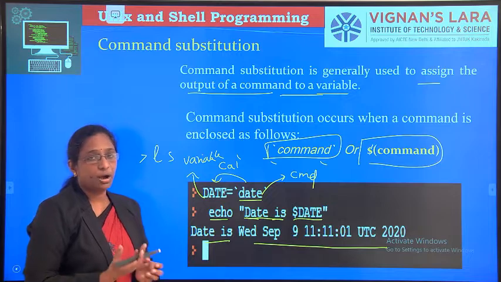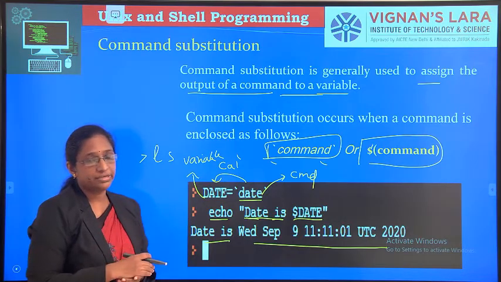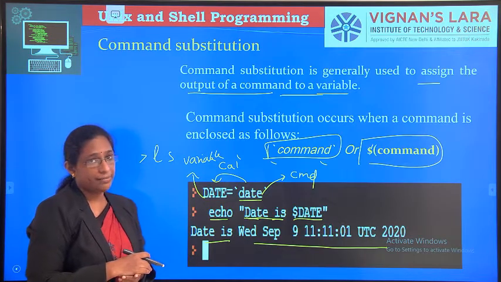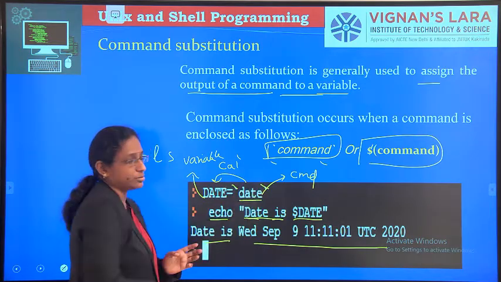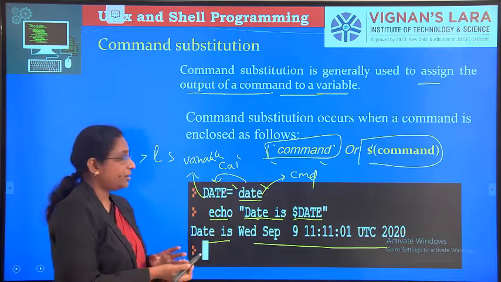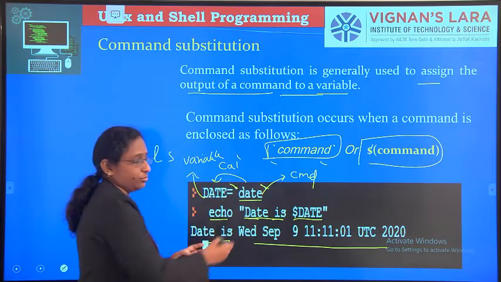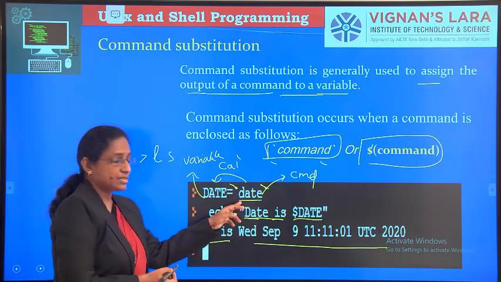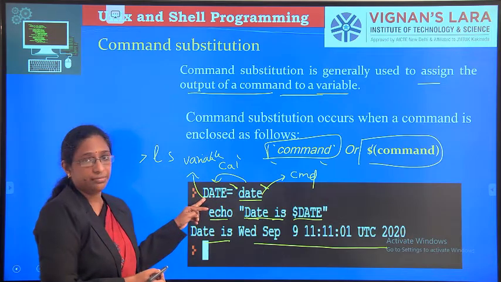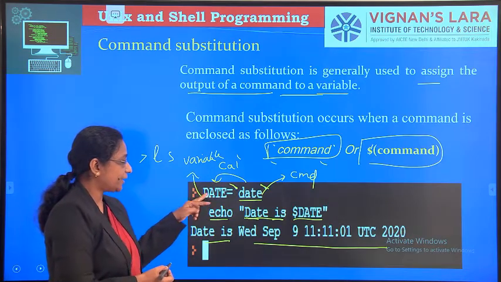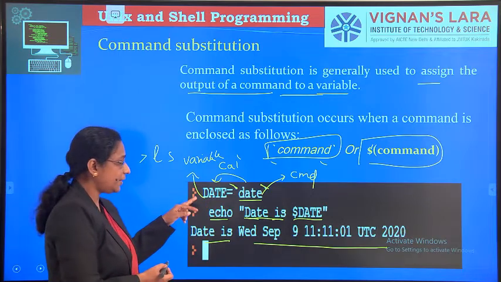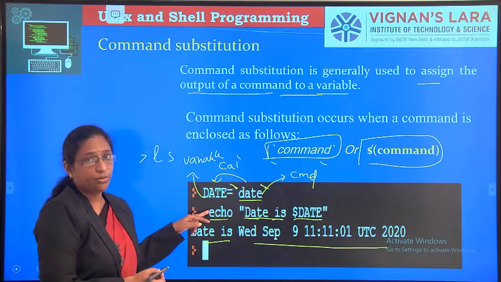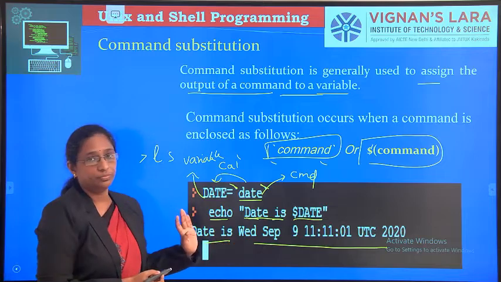If you want the output of the command to be stored in a variable, you have to use command substitution, which you can do with back quotes. Whatever command you want has to be given in back quotes, and its output will be stored in the variable. After that, by using the echo command, I am displaying the output.